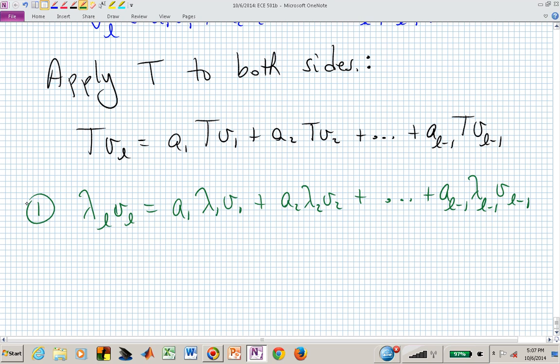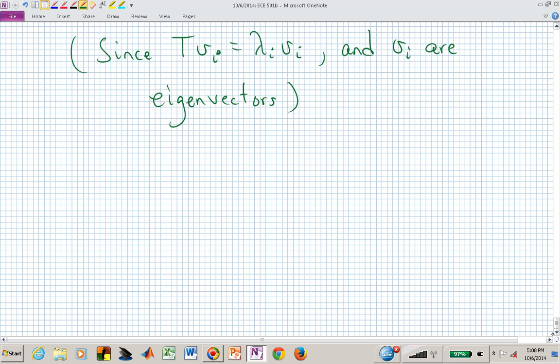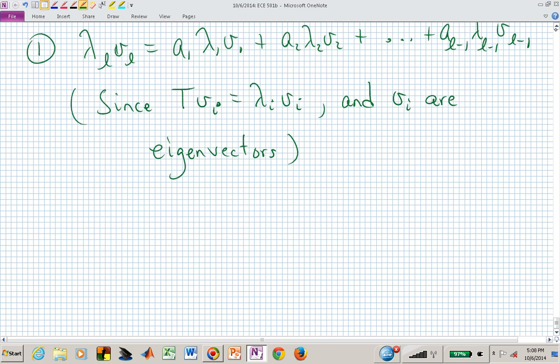And I may want to refer to that. Let me call that equation 1. But this equation was true since T v sub i was equal to lambda sub i v sub i, where these v sub i's were eigenvectors. But remember what v sub L was.